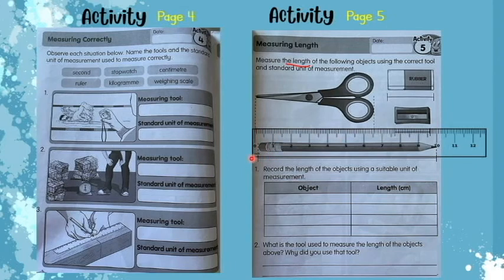Make sure the end of the scissors is in line with the 0 mark on the ruler. Then you can take the readings.